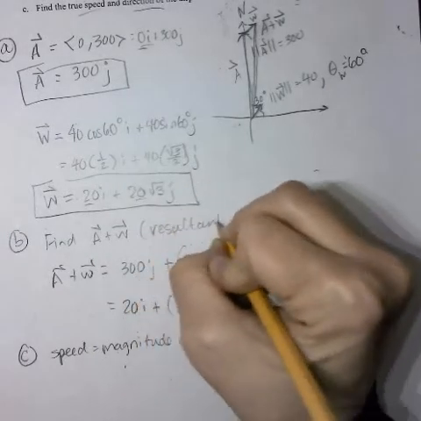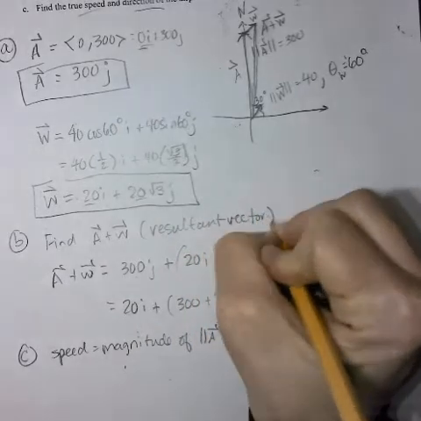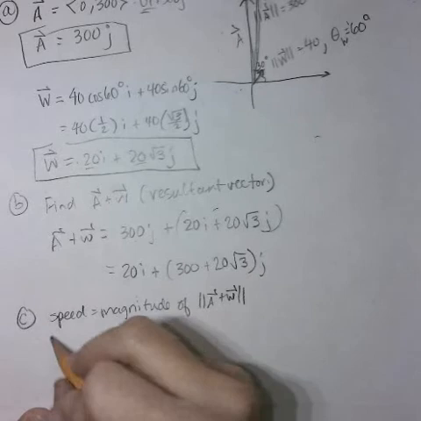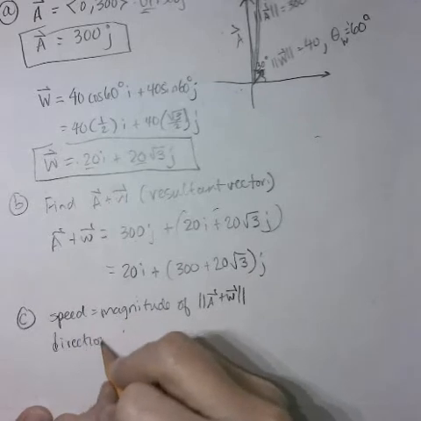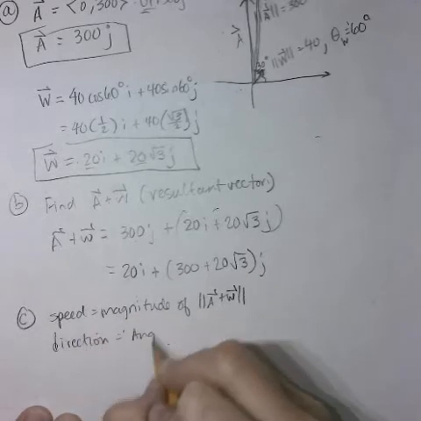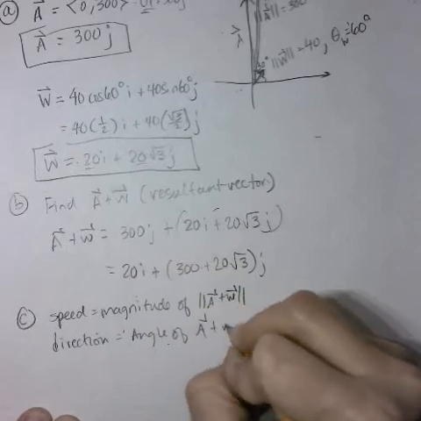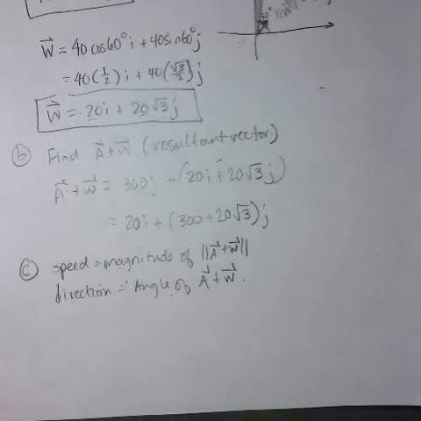That's the resultant vector. And then the direction is the angle of A plus W. And the direction, you can just state it as theta, a positive angle between 0 and 360, or you might be asked to use bearings. You should be able to do both.